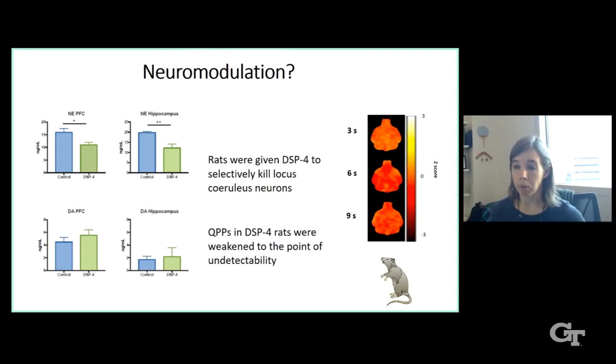So that was really cool. And I don't want to say that I think the LC is necessarily driving these, because all of these neuromodulatory systems are interconnected. And so I think we've basically taken a hammer to the neuromodulatory systems and we broke it. So I think it's involved, but I think we have a lot more work to do to figure out where that's going.